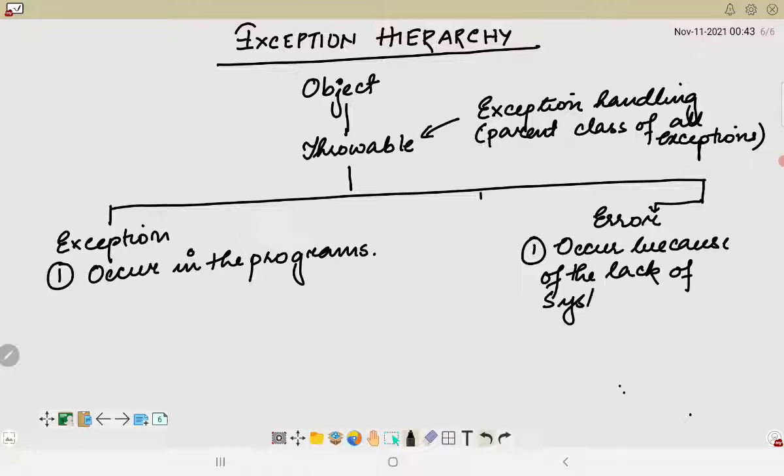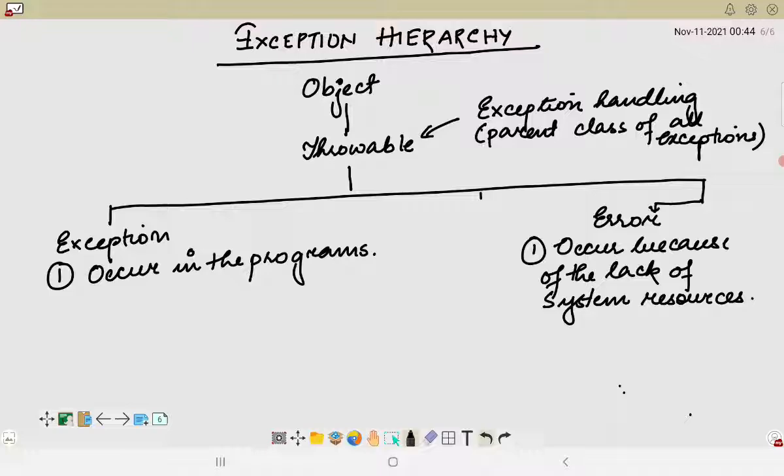Okay, so if there is a certain error, it occurs due to, let's say, less memory or fewer resources. So this is the first important point that we have to understand, and the programmer cannot do anything about these errors. The programmers can just handle exceptions in programs, because exceptions occur in programs. However, they cannot handle errors because they are related to the system.